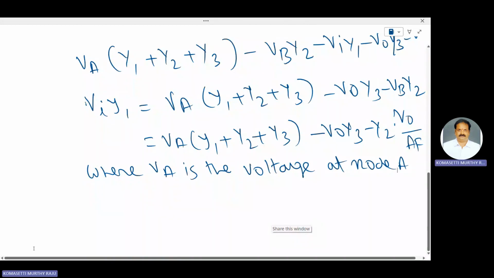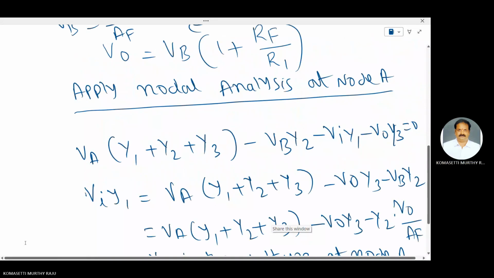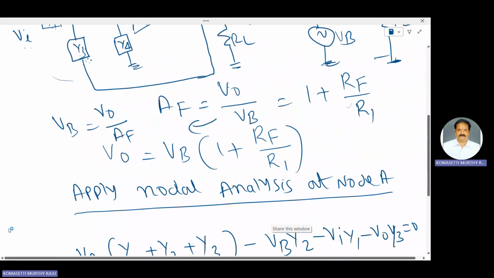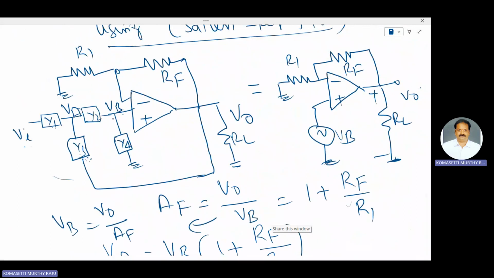Apply KCL at node B. The node voltage at node B is VB. Identify the admittances connected to node B: Y2 and Y4. VB into (Y2 plus Y4), and the adjacent node voltage is VA, minus VA into Y2 equal to 0.